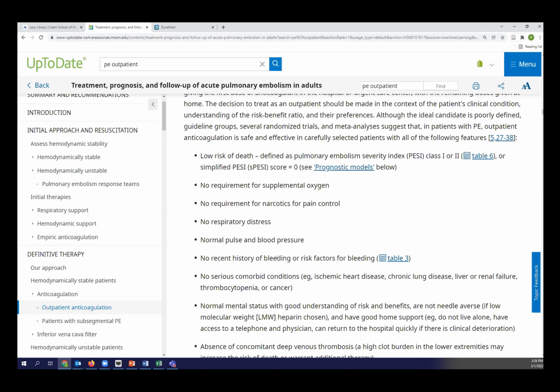And if I see, oh, you know what, they actually do have liver failure, or they have a serious comorbid condition, I know immediately I don't really need to read on about the evidence to support this decision, because my patient probably wouldn't be a good candidate. So they are both addressing this question of PE outpatient, but in pretty different ways.